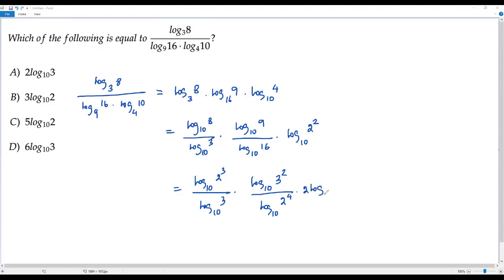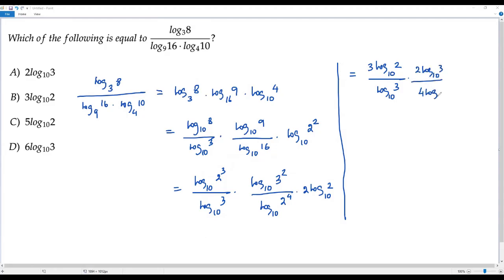Then we get 2 times log base 10 of 2, and we do the same for all the logarithms except the one in the denominator. We move the exponent 3 in front and get 3 times log base 10 of 2 divided by log base 10 of 3, times 2 times log base 10 of 3 divided by 4 times log base 10 of 2, times 2 times log base 10 of 2.